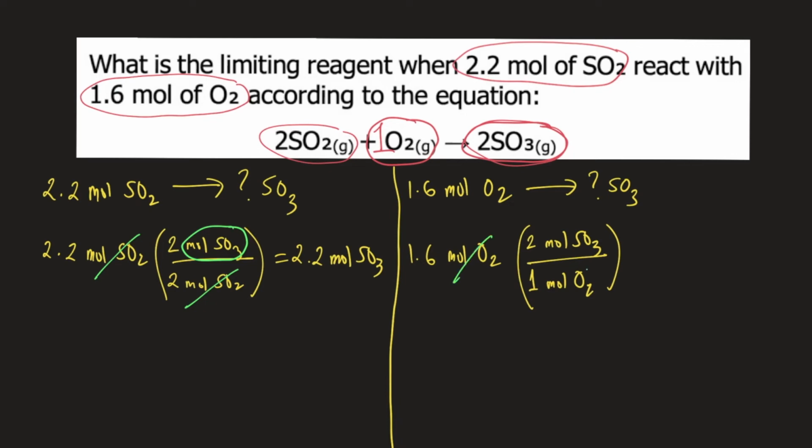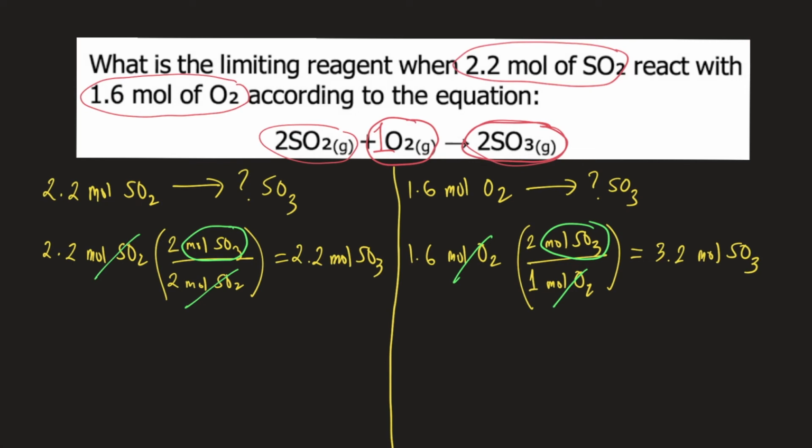Moles of O2 will cancel, and your moles of SO3 is equal to 3.2 moles. So SO2 forms 2.2 moles of SO3 and O2 forms 3.2 moles of SO3.